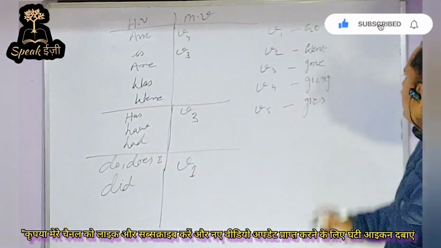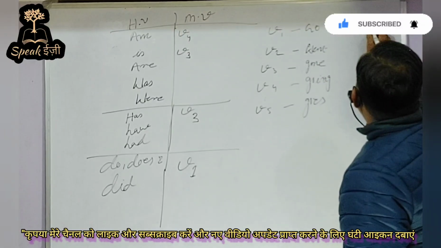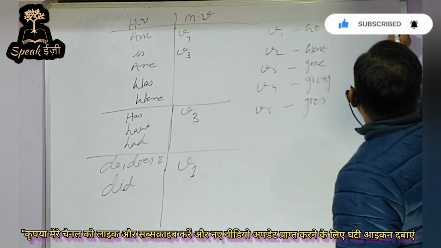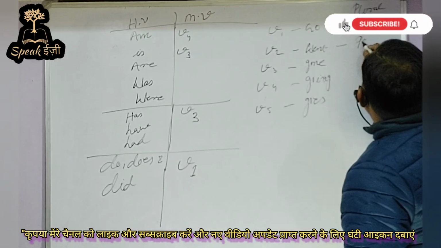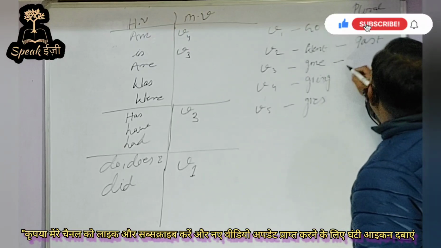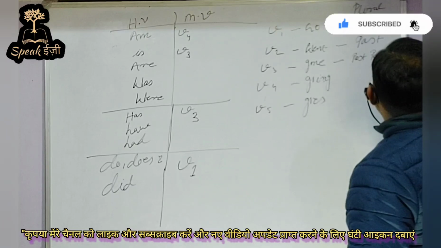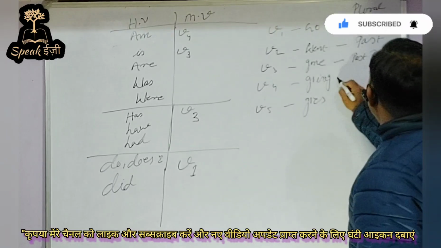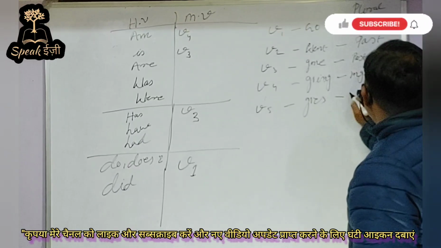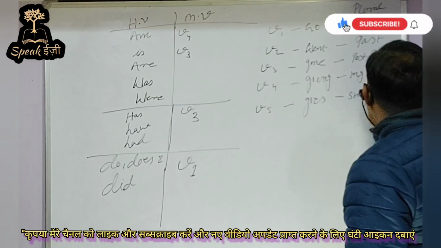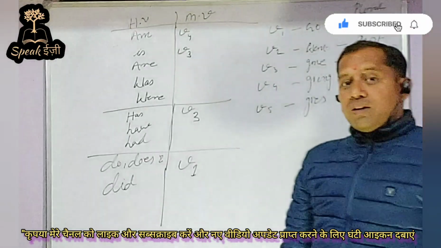Now see, this V1 is called the base form, or the plural form. This is called the past form, and this V3 is called the past participle form, and this V4 is called the ing form, and this goes is called the singular form of the verb. What does it mean?